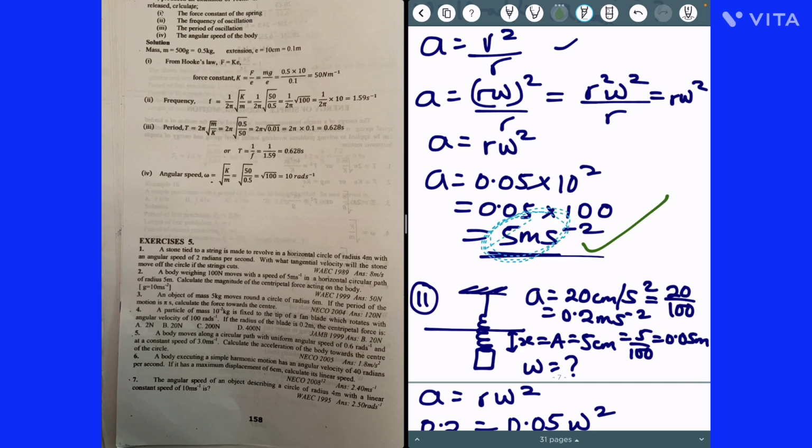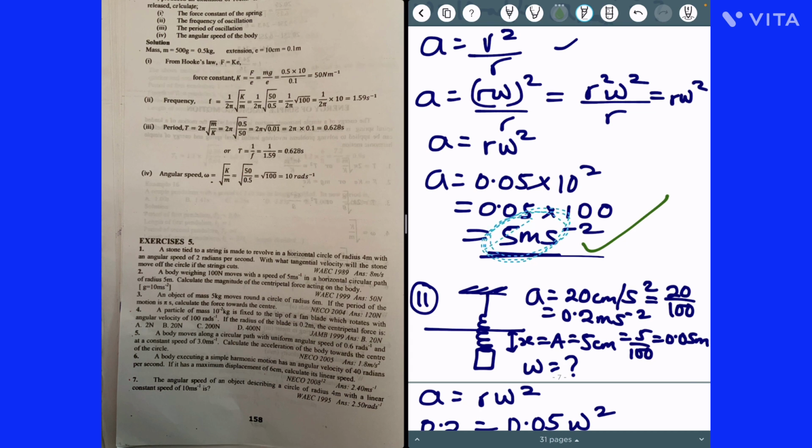Question 5 now. A body moves along a circular path with uniform angular speed of 2.4 radians per second and at a constant linear speed of 9 meters per second.